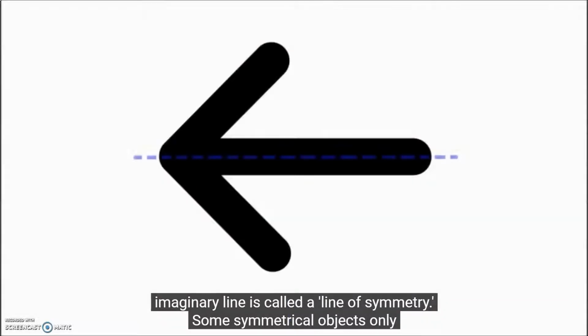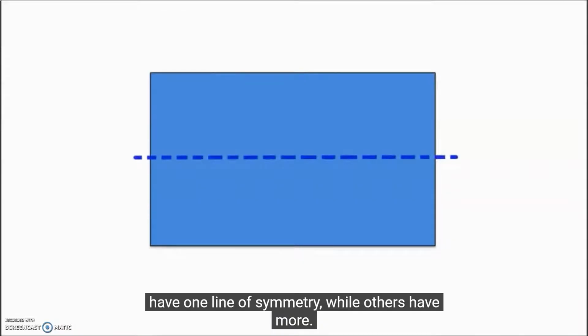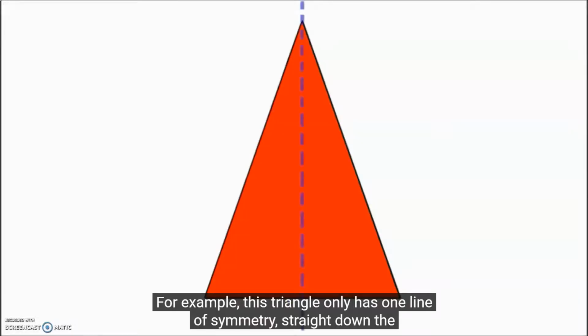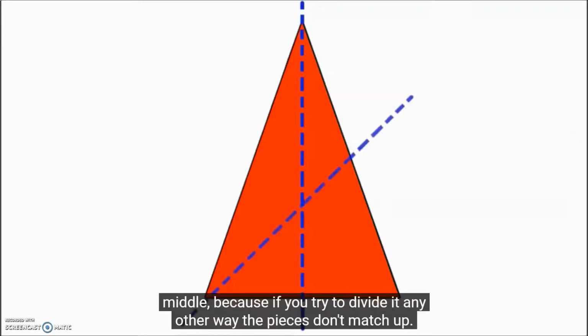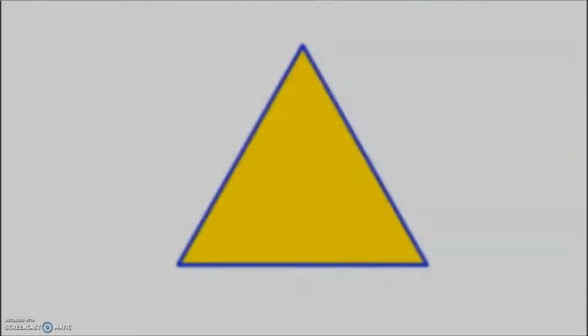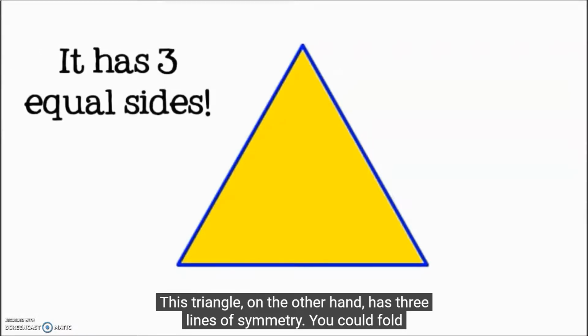Some symmetrical objects only have one line of symmetry, while others have more. For example, this triangle only has one line of symmetry, straight down the middle, because if you try to divide it any other way, the pieces don't match up. This triangle, on the other hand, has three lines of symmetry.